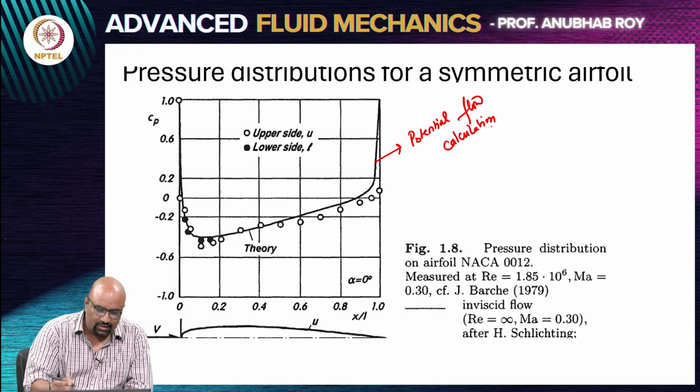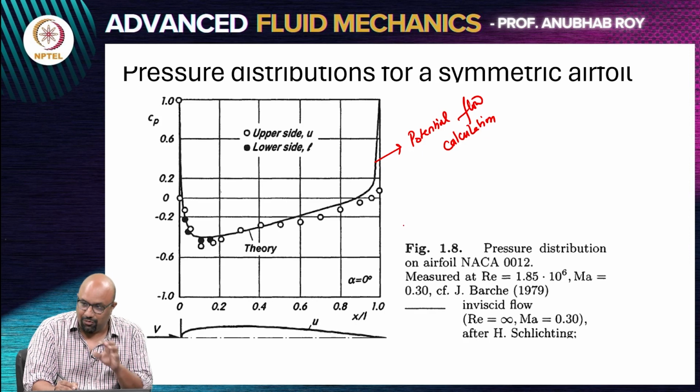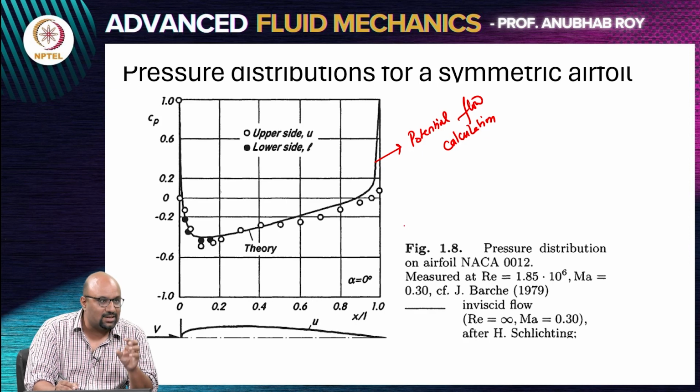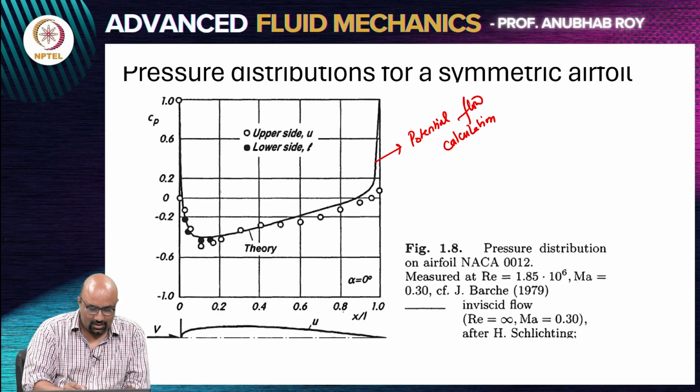You can do some of these things analytically by exploiting the fact that 2D potential flow can be done in a complex plane. There are different ways of using conformal mapping to solve it, but the focus here is that the continuous line is a solution from potential flow, and the symbols are measurements of the pressure coefficient for different locations along the chord.